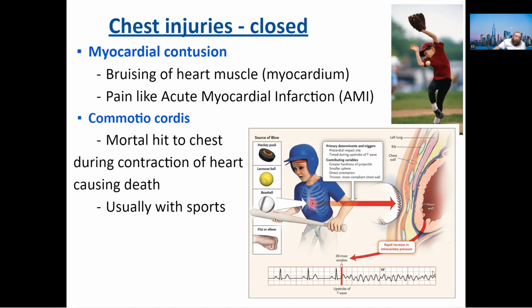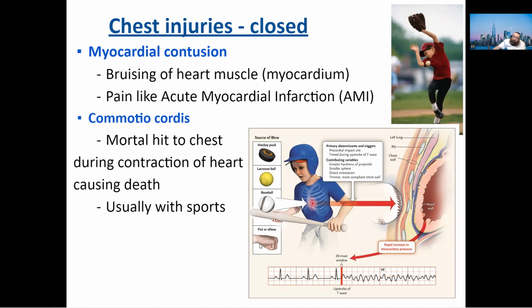And the good news is that if the coach or the medical team has a defibrillator, they can usually restore normal activity to the heart. So it can happen in different sports.